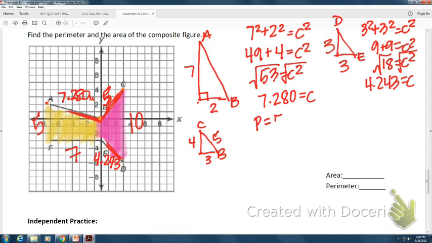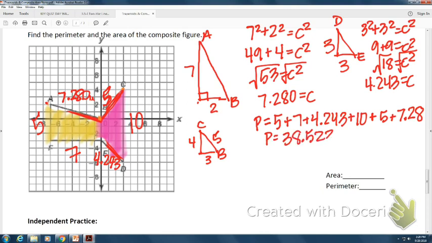So we have 5 plus 7 plus 4.243 plus 10 plus 5 plus 7.28. Okay, what do we get as our perimeter? 38.523 units. Do we agree? Awesome.